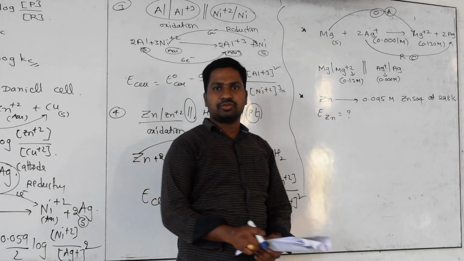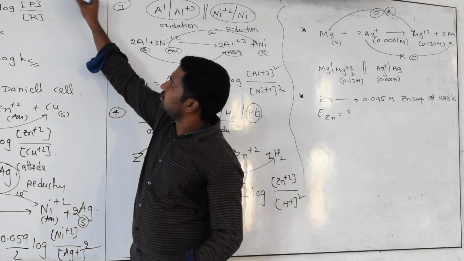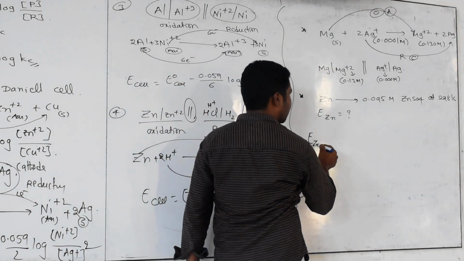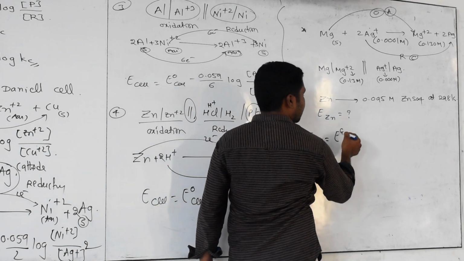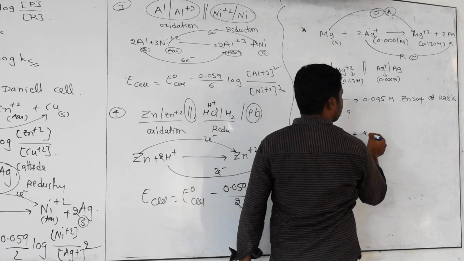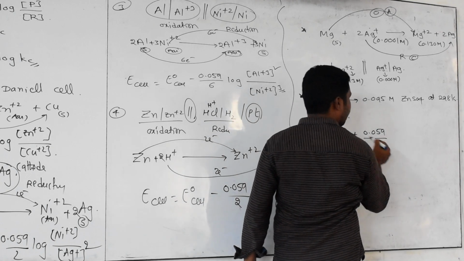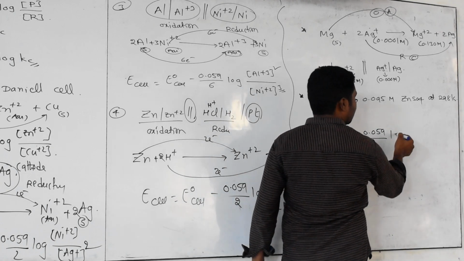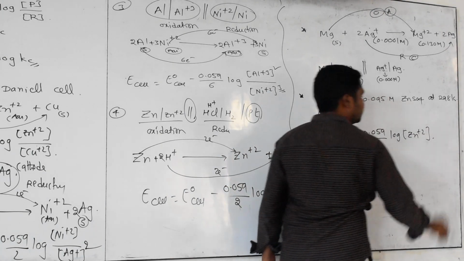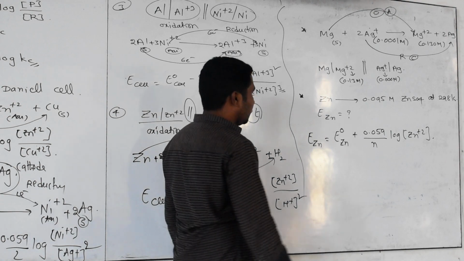Which formula do we have to use? The first formula: the electrode potential of any electrode equals the standard electrode potential of zinc plus 0.059 by n into log of the concentration of the zinc ions. That's it.